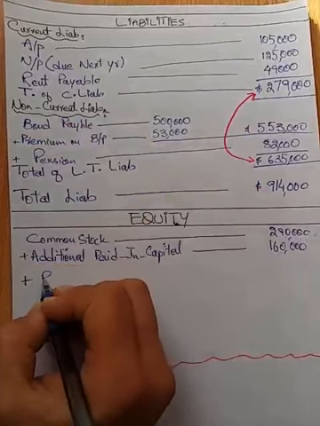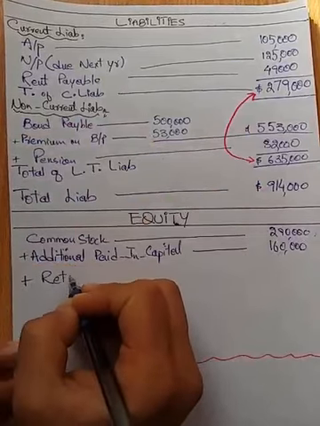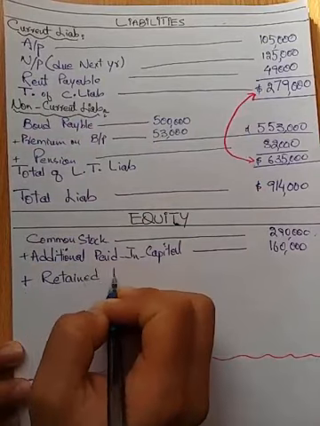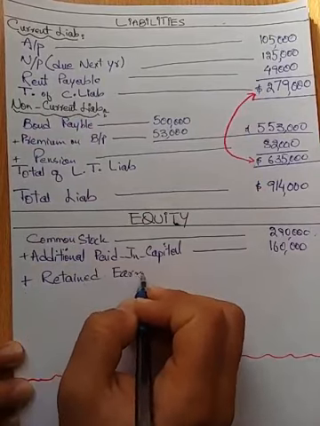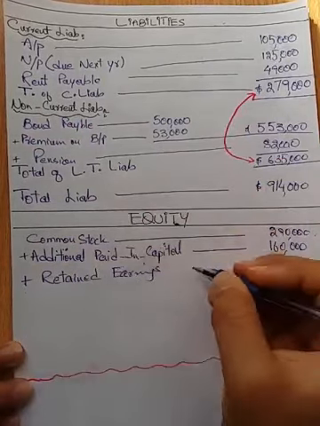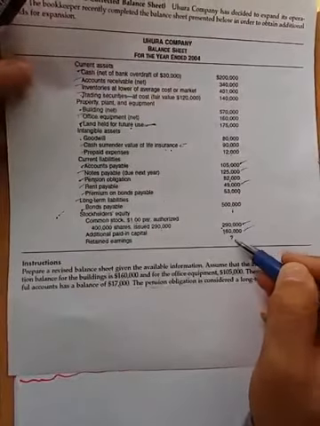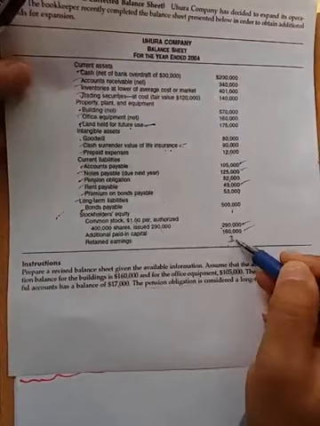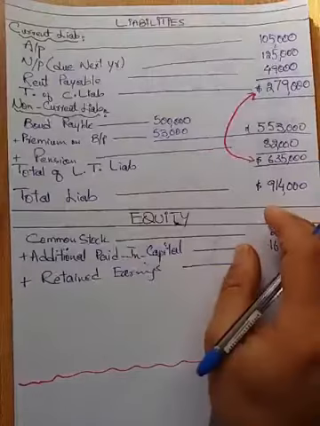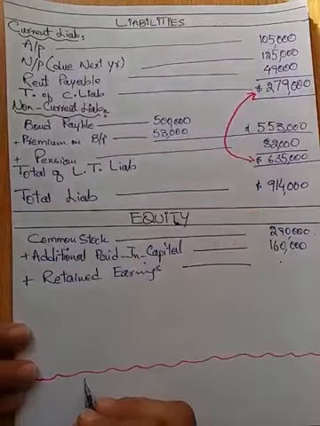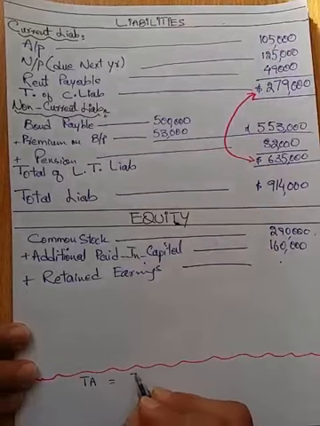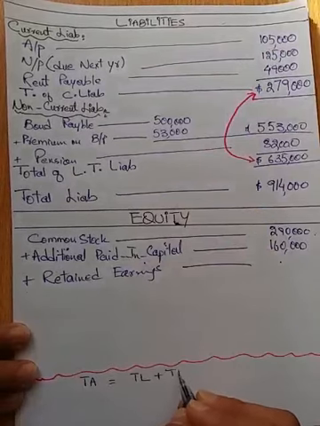What do we do with this? We add the retained earnings also, because retained earnings are also part of the equity. So this is done, 290 is done. Retained earnings value is not given. How to calculate retained earnings value? It's very simple. You have total assets equal to total of the liability plus total of the equity.